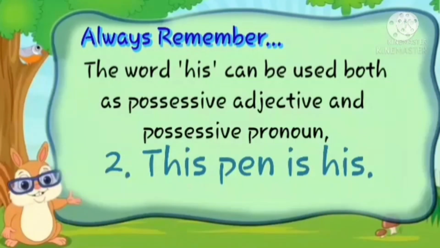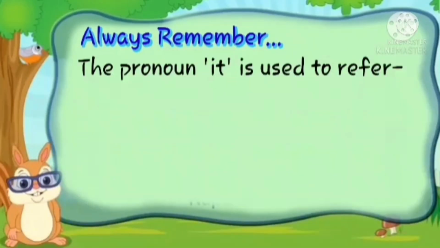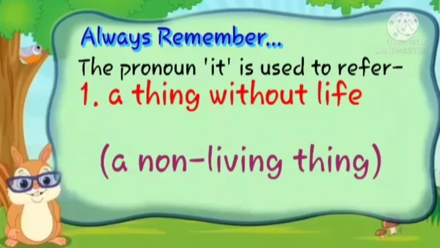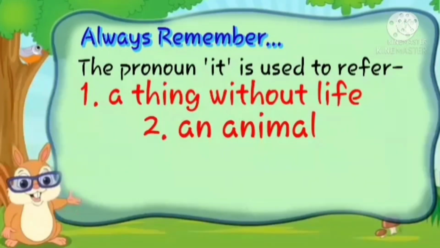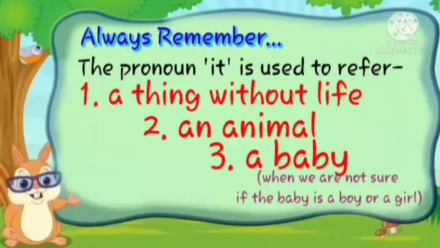Here we have used his after the noun. Okay. Third, the pronoun it is used to refer first to a thing without life, that is a non-living thing, an animal, or a baby. Baby when we are not confirmed is it a boy or a girl.